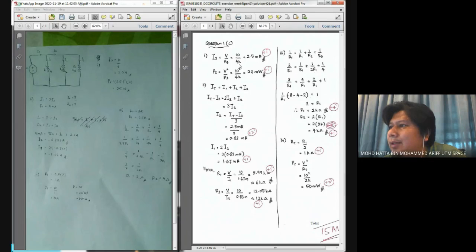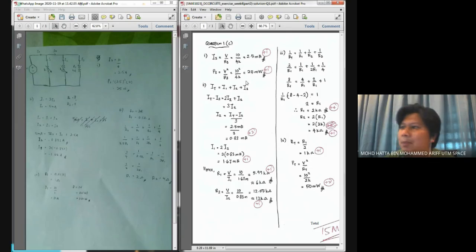That's why I think when you try to calculate the answer, make sure you pay attention to the value of the resistor. Sometimes it's without kilo, sometimes with kilo, and sometimes it might be a mega ohm. Pay attention to the units of the values.